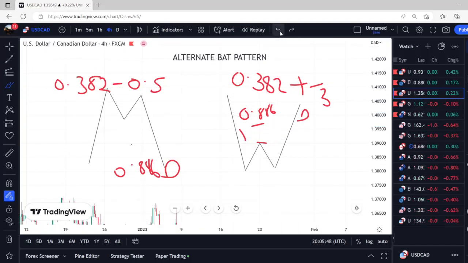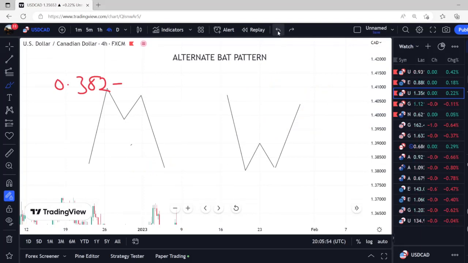So what we'll do next is go on the chart to show you what I mean by this extension and retracement.